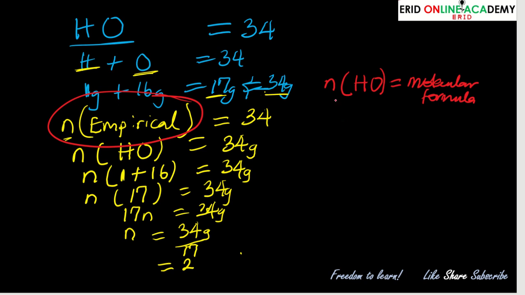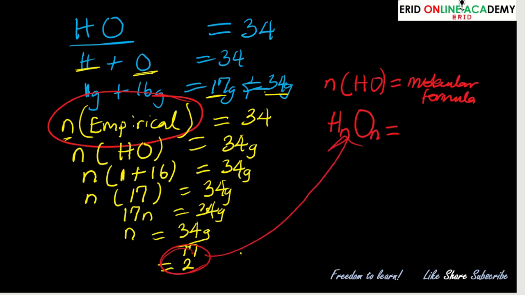If I open up this bracket, I'm going to have Hn, because in a formula you put your number as a subscript to show the number of atoms present in a particular compound. So n comes in as subscript, and oxygen also has n as subscript. We found out that n is equal to 2, so what you do is substitute 2 for n. So we have H2O2.